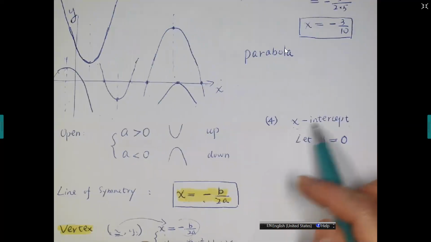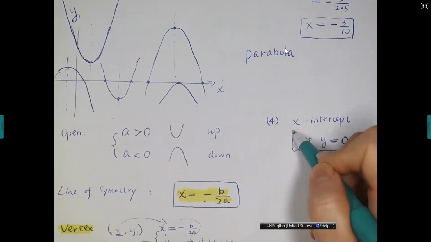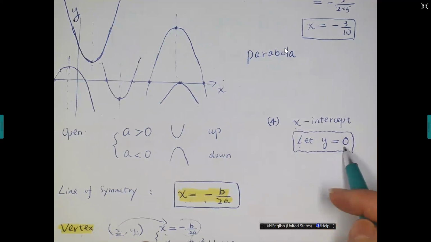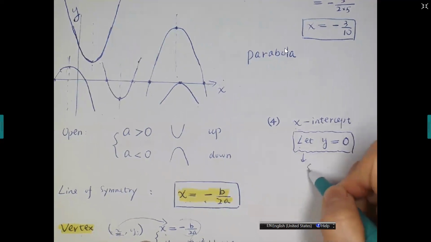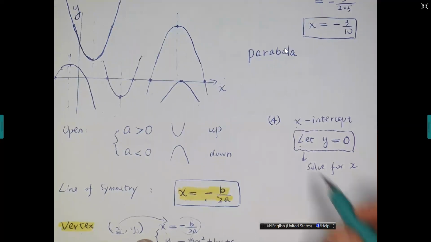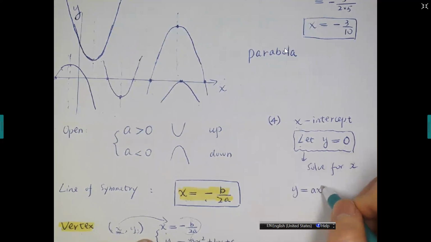To look for x-intercept, it's the same thing as we did before for the linear equation. We just let y be 0 and then solve for x. See, when we are given the equation originally, we had y equals ax squared plus bx plus c.